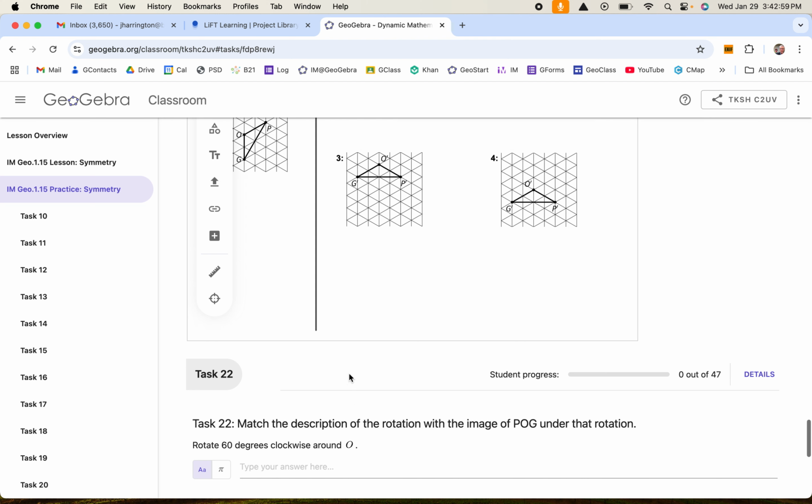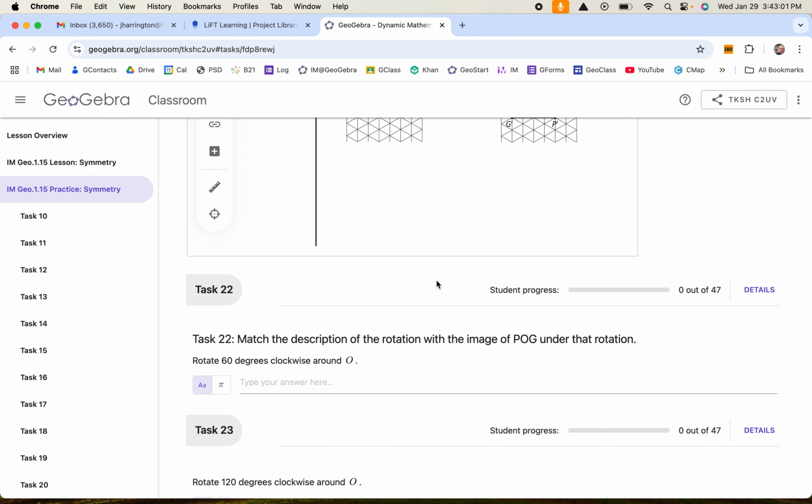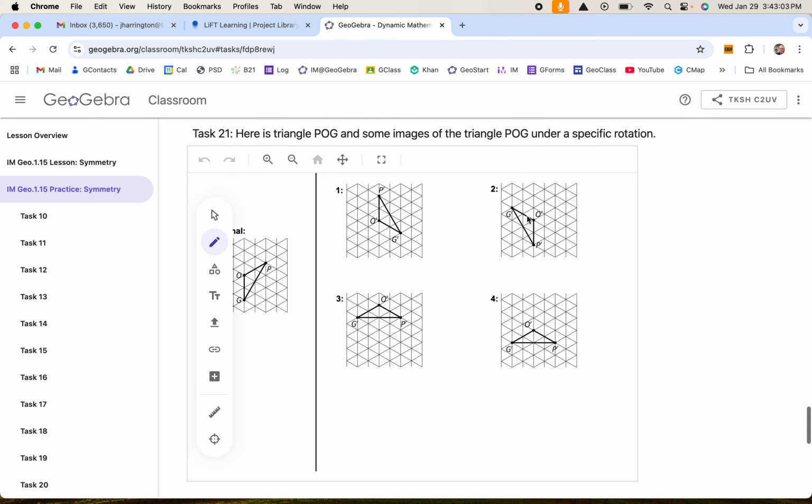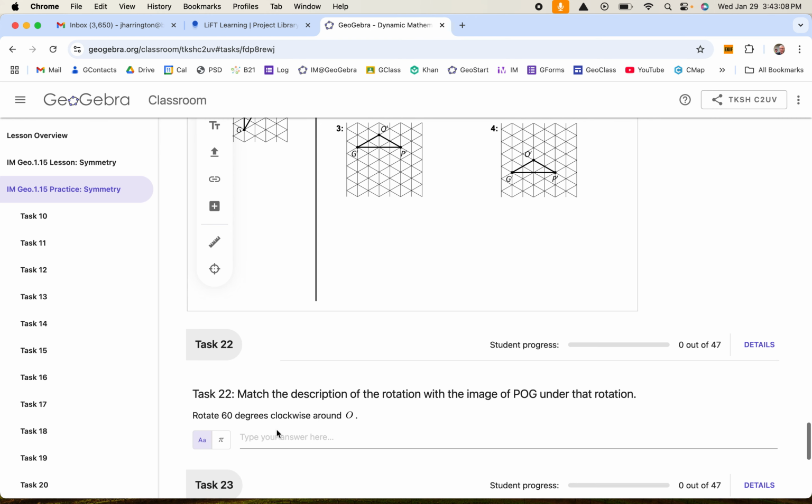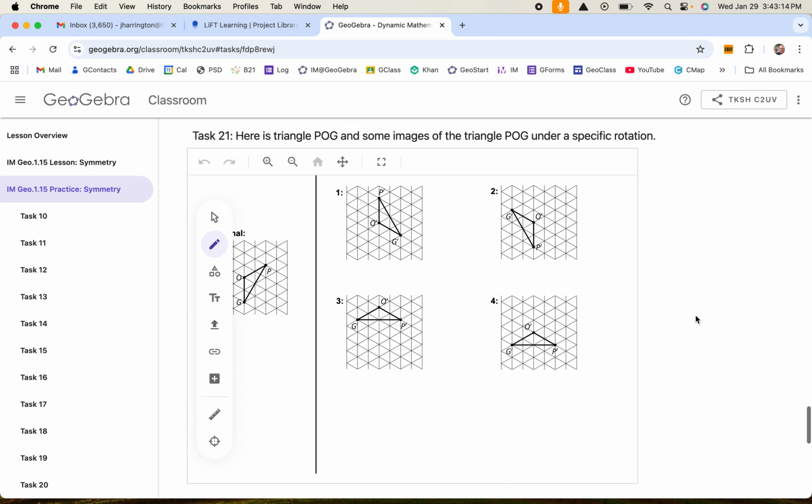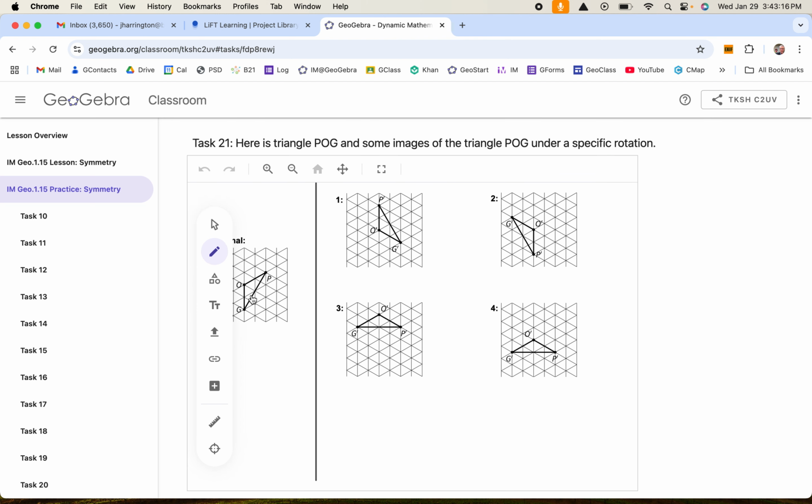So in other words, which number, 1, 2, 3, or 4, is this rotation: rotating 60 degrees clockwise using point O as our center of rotation. Remember, there's point O, and here's our original.